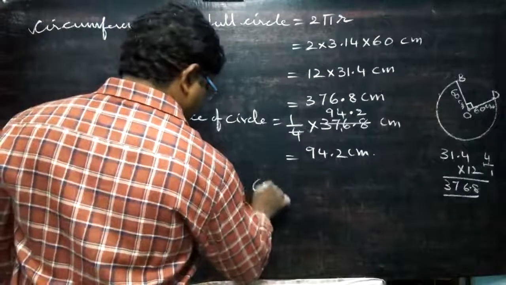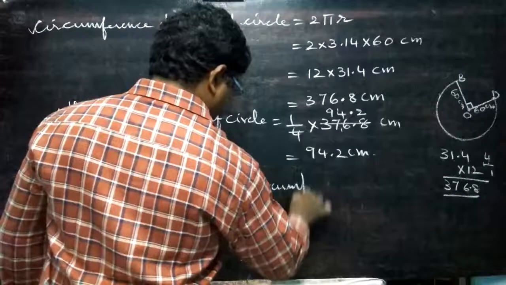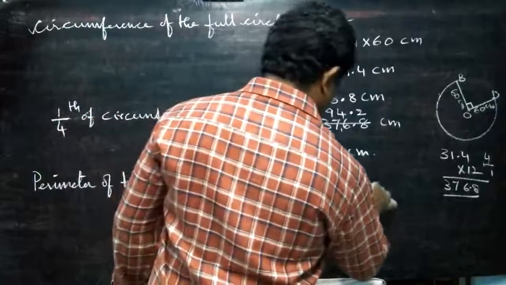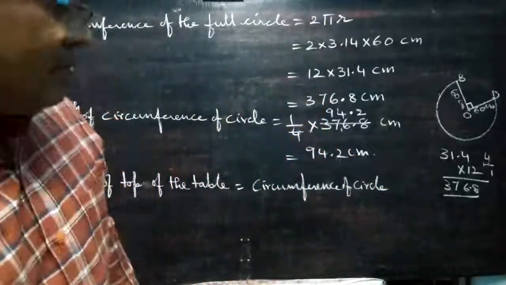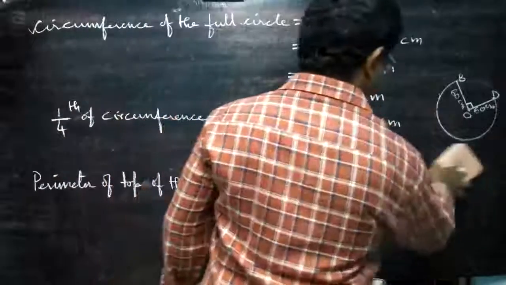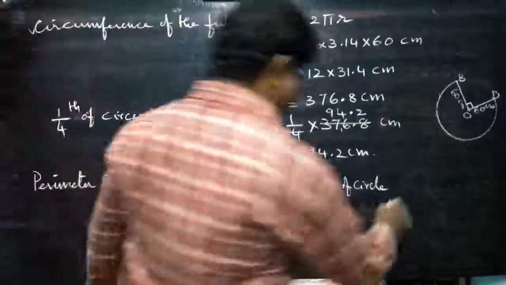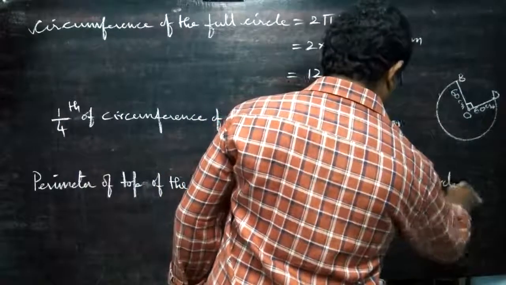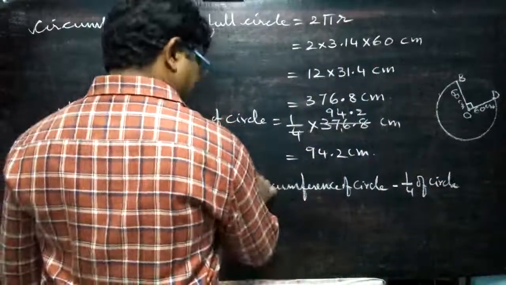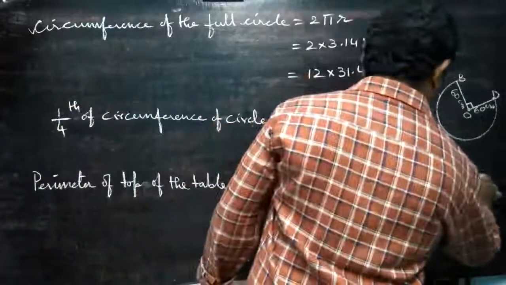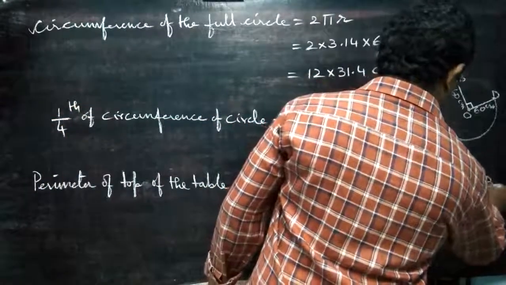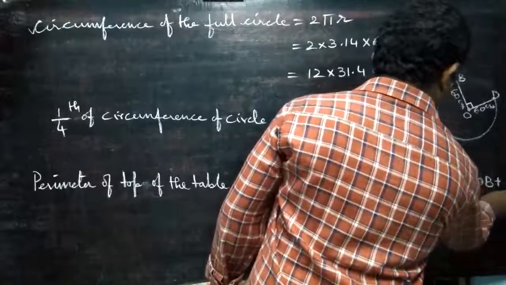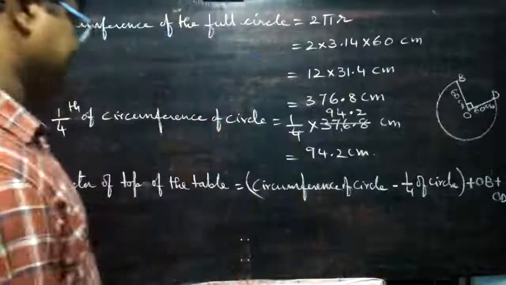Now the circumference of the circle minus 1/4 of the circle, because 1/4 is removed now. Shape. Plus OB plus OD. Write in one line only.